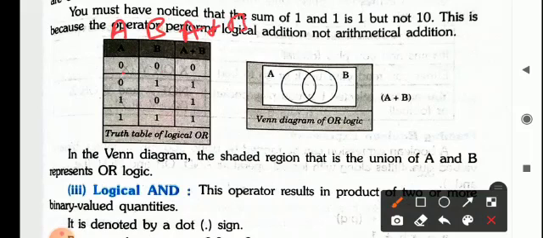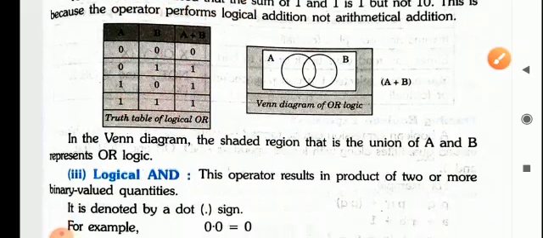Plus is there, so 0 plus 0 is 0, 0 plus 1 is 1, 1 plus 0 is 1, and 1 plus 1 is 1. That means in either case where an input is 1, the output is 1, and if both are 0, obviously it will be 0 only. You can see the Venn diagram also for A plus B.